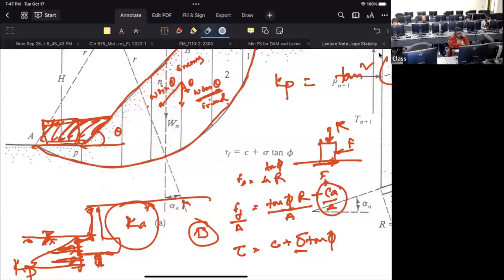So on this slip surface, how do you calculate the sigma? Because we need to calculate sigma tan phi, right?